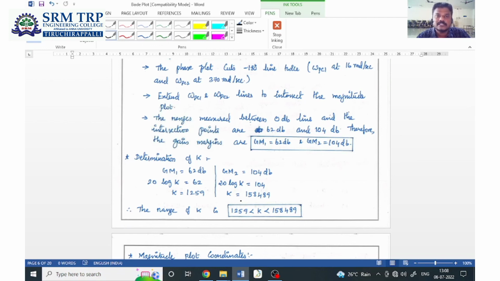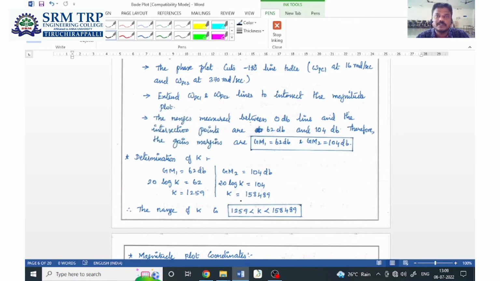Let us have a small recap. In the first step we wrote the sinusoidal transfer function, then calculated the corner frequency, then the magnitude plot table and coordinates, then the phase plot coordinates, then we sketched the Bode plot and determined the gain crossover frequency and phase crossover frequency.